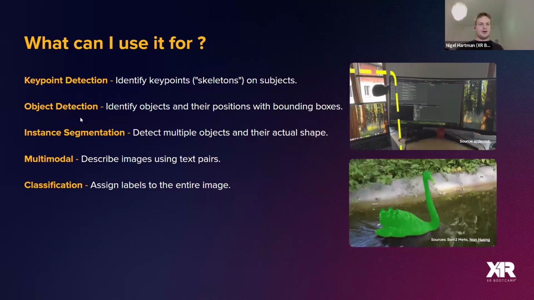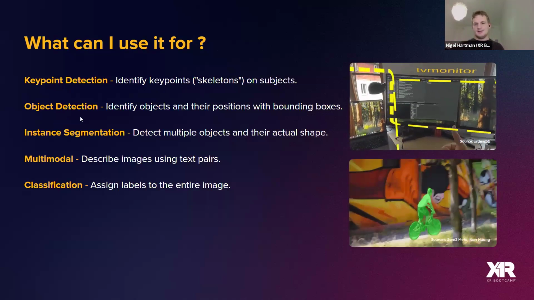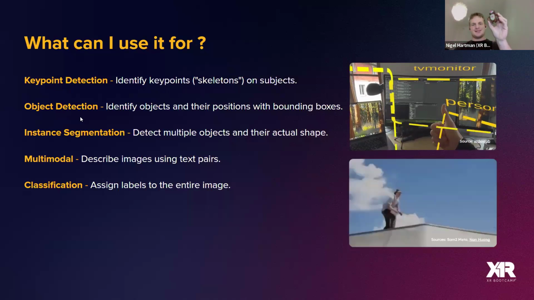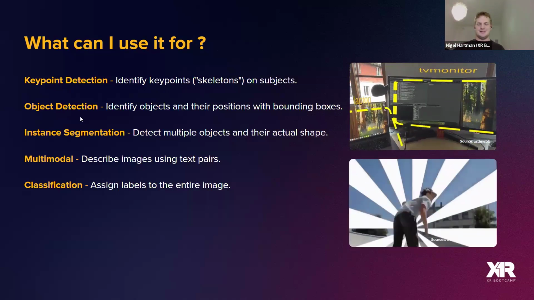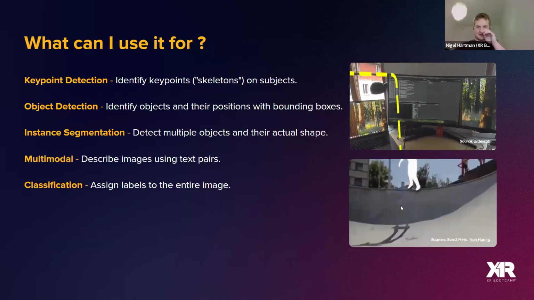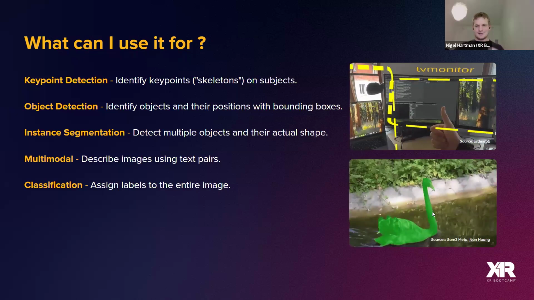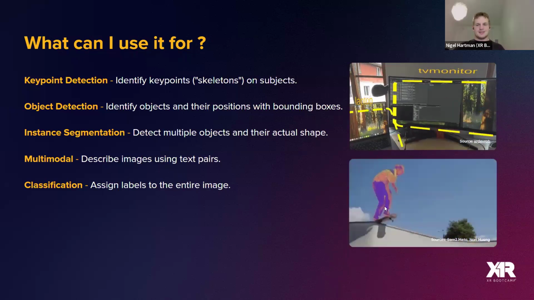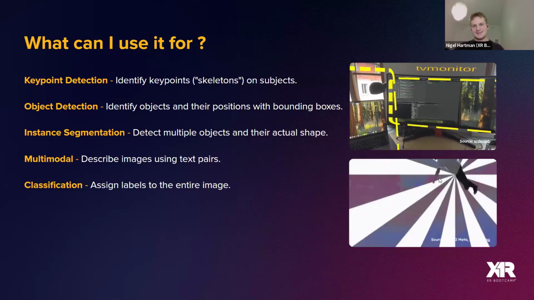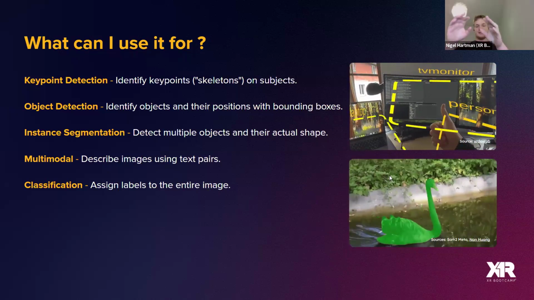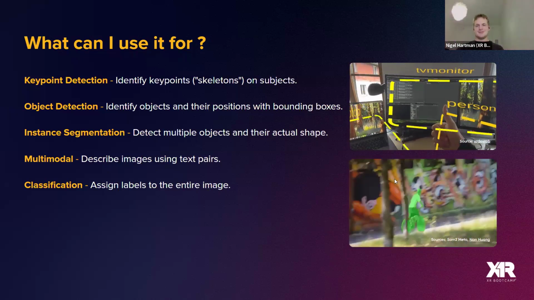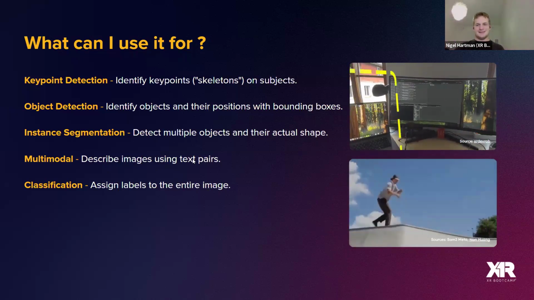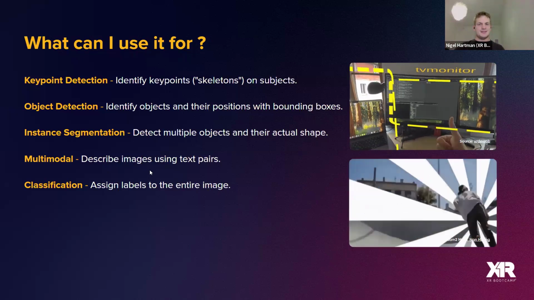You can detect objects, like for example the figures here, or like you were able to see here the skater or the swan. You can do segmentation. Also, like you can see here for the skater, it is really getting the entire outline of the object.